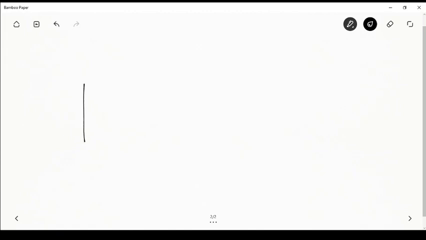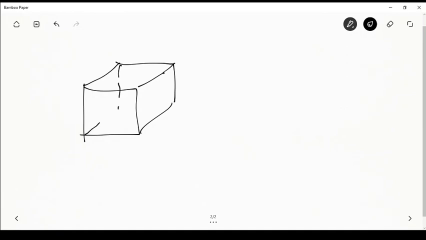So this is your elemental cuboid that we have drawn there. Let's also draw the hidden surfaces there. So let us say this is the cuboid whose length in the x direction is delta x, in the y direction is delta y, and in the z direction is delta z.